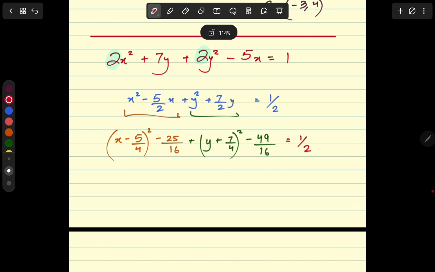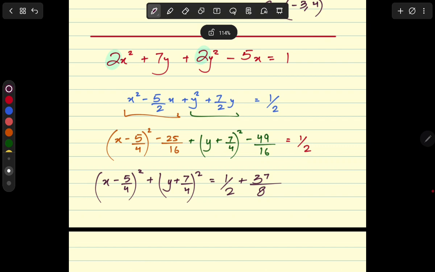Now this becomes what? This right here is (x minus 5 upon 4) whole square plus (y plus 7 upon 4) whole square is equal to half plus 49 plus 25 is 74 upon 16, which is 37 upon 8. So plus 37 upon 8.